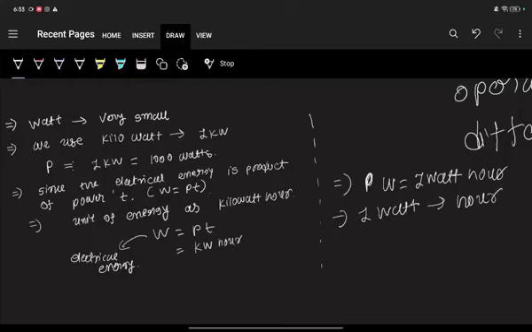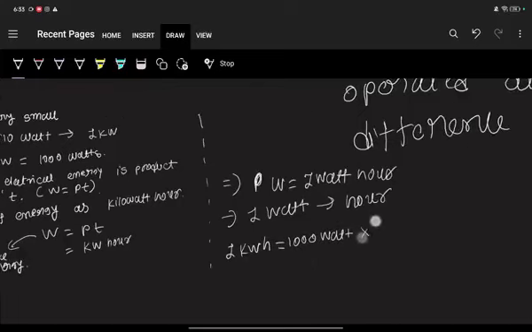So the commercial unit of electric energy is kilowatt hour, commonly known as unit. And 1 kilowatt hour is written as 1000 watt into hour. 1 hour contains how many seconds? 3600.